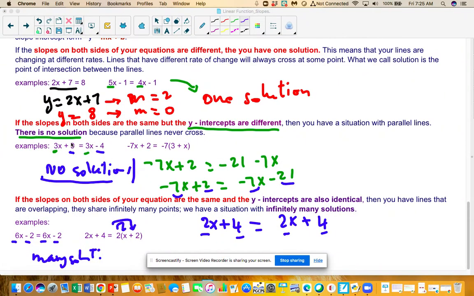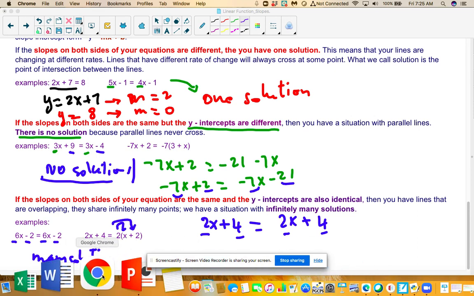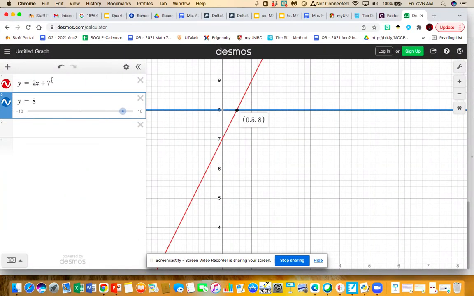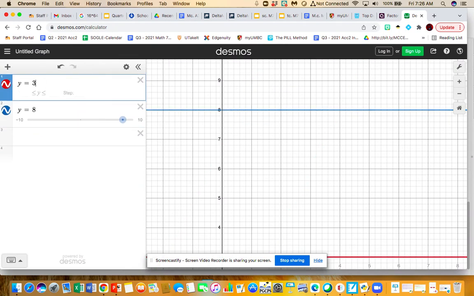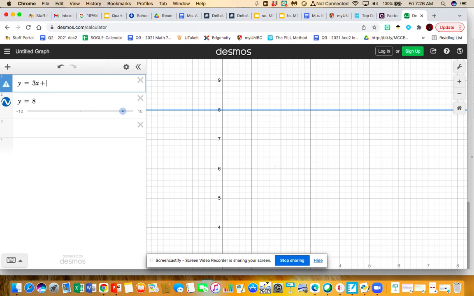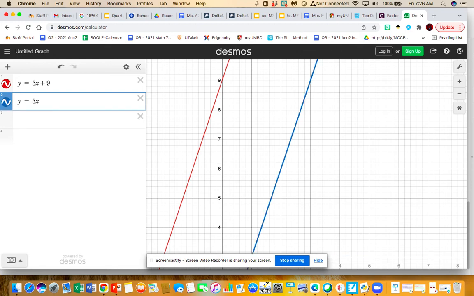So let's look at this situation right here where we have no solution. So that's 3x plus 9 on one side, and 3x minus 4 on the other side. Okay, so you can see the two lines.